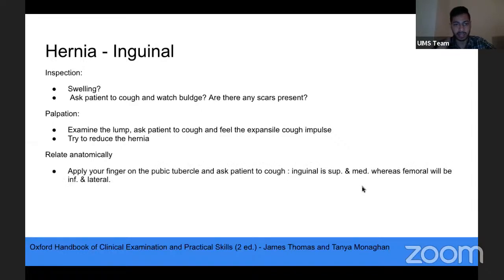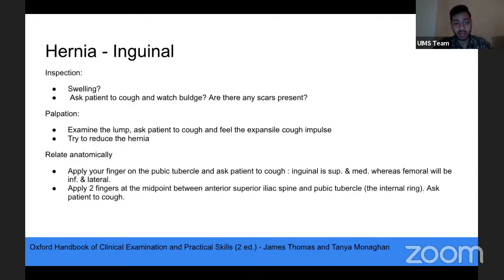So the way we do this is we apply our finger on the pubic tubercle, and we ask the patient to cough. If it's an inguinal hernia, usually it is superior and medial to our finger, whereas if it's femoral, it's inferior and lateral.